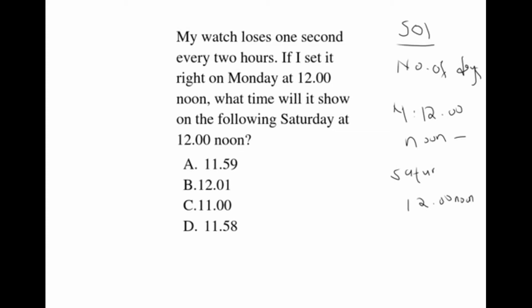The number of days here are 5. So we have 5 days. And we know that a day has 24 hours, or 1 day is equivalent to 24 hours. Therefore, take these 5 days, multiply by 24 to know the number of hours within those days.